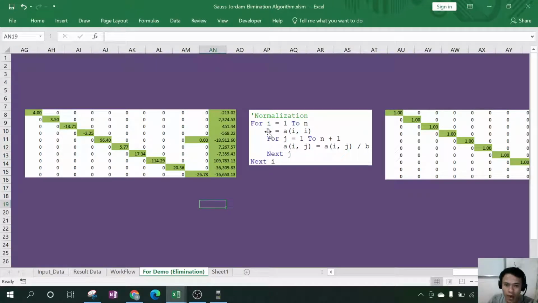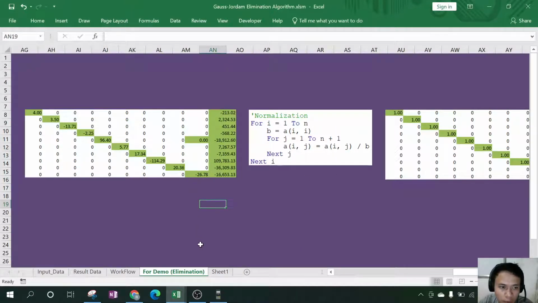So for I is 1 to n, for example, for I is 1, first row, this is 4. Then for B is AII, so for AII, that is 4. For J, here 1 to n plus 1. So AIJ, that is we divide all terms here by 4. Leaving that AIJ, so this is negative 213 over 4.